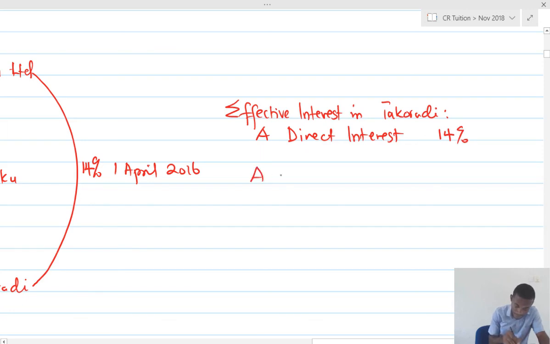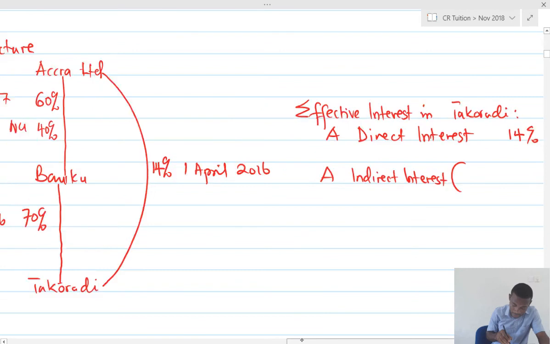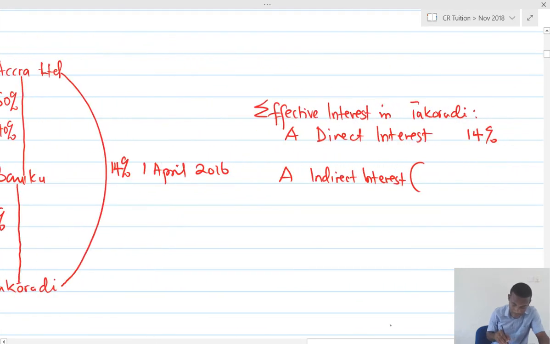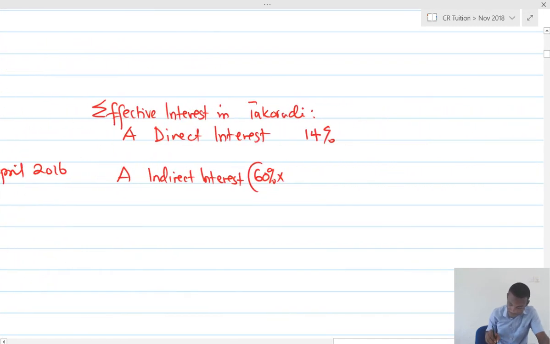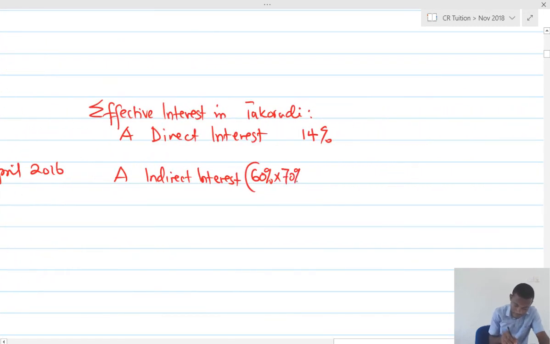Then A's indirect interest would be the 60% it had in B times B's 70% in T. So times 70%. So let's establish that quickly.